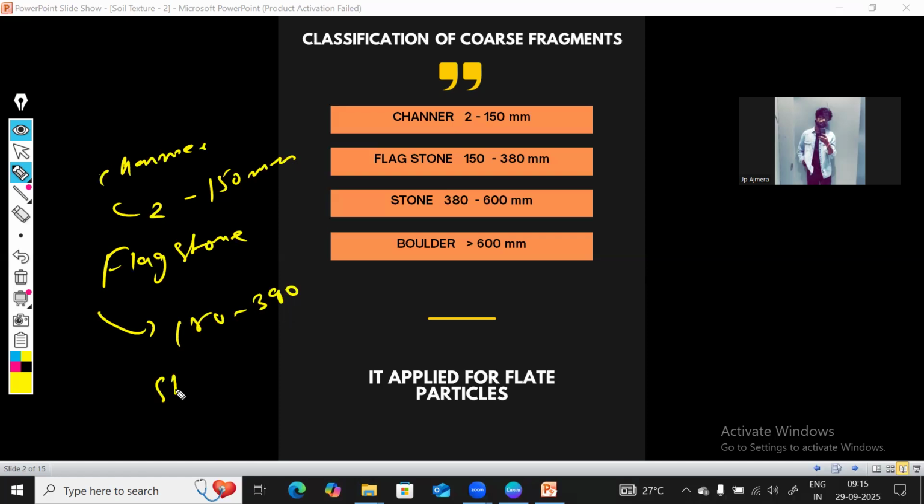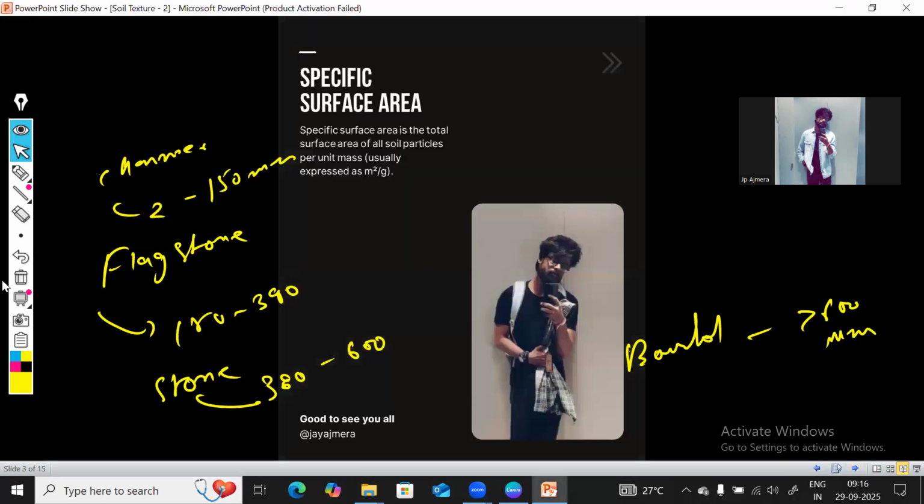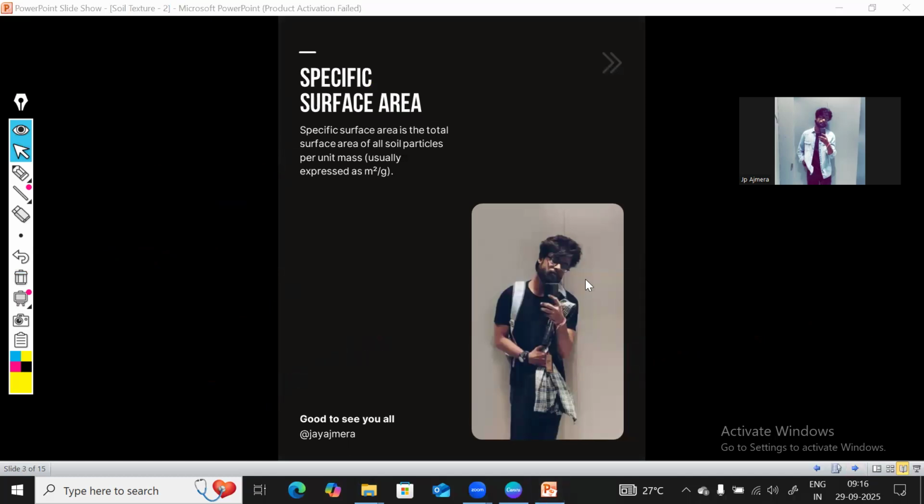And there is stone, which holds the size of 380 to 600 mm. And the last one is boulder, which holds sizes of more than 600 mm. All right, I think you got it. Let's jump to the next slide. Specific surface area. Okay, so there is another new topic.